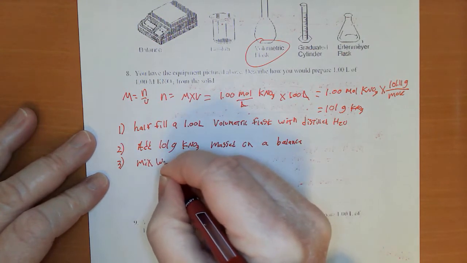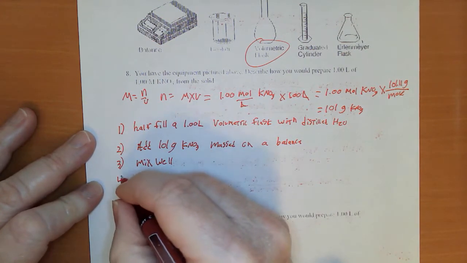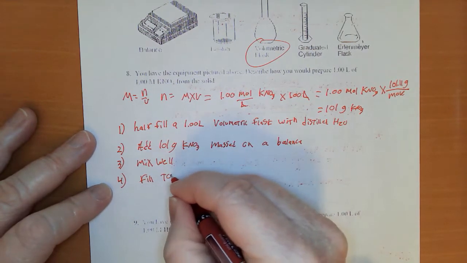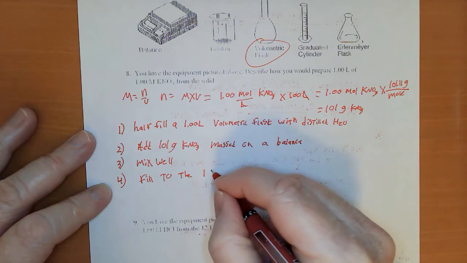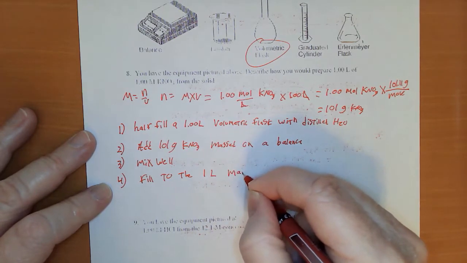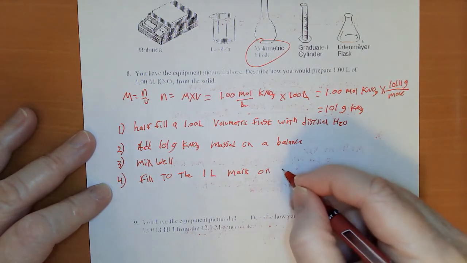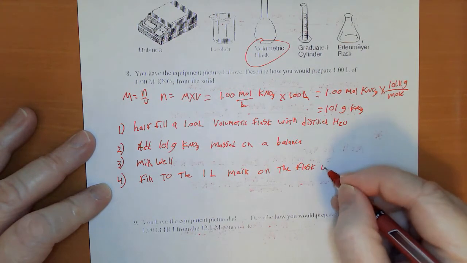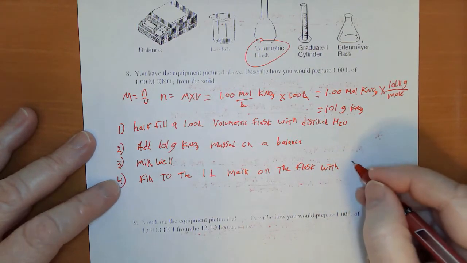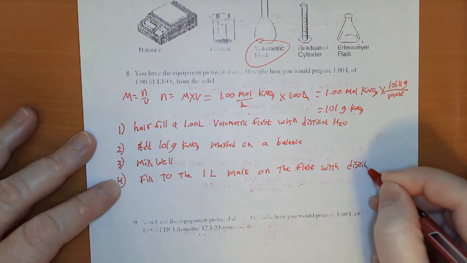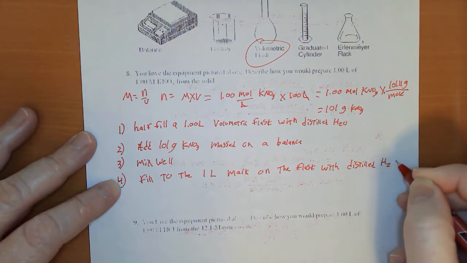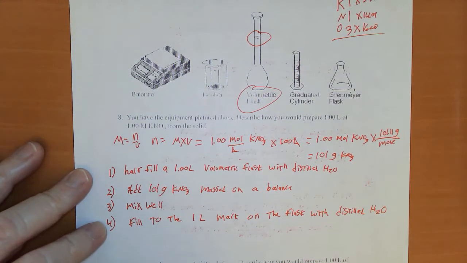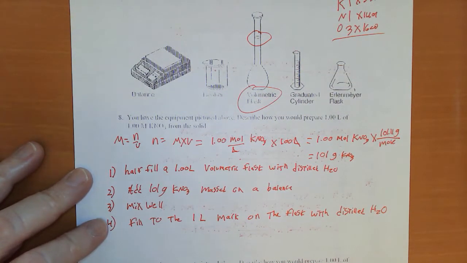Mix well. Then fill to the 1 liter mark on the flask with distilled water. What you'll notice is there's always a mark on a volumetric flask telling you the volume.